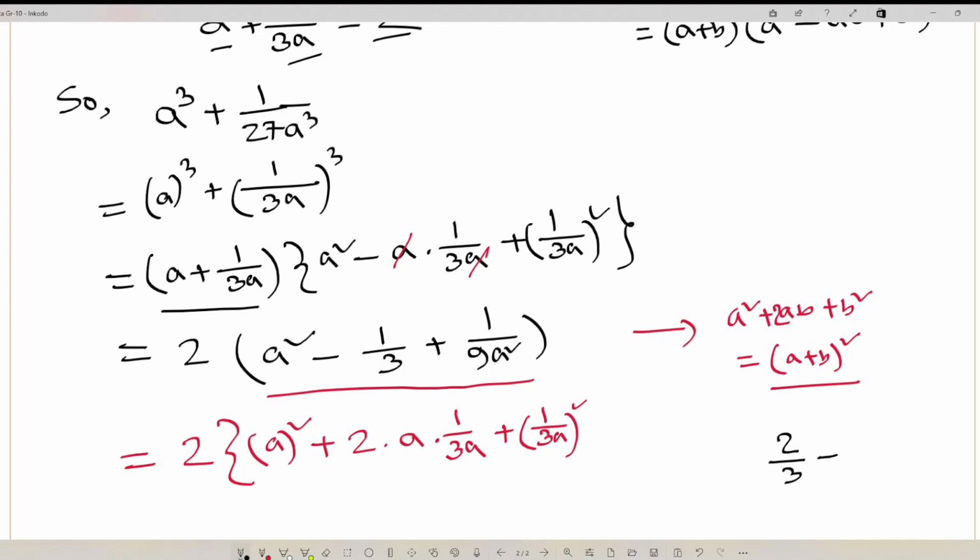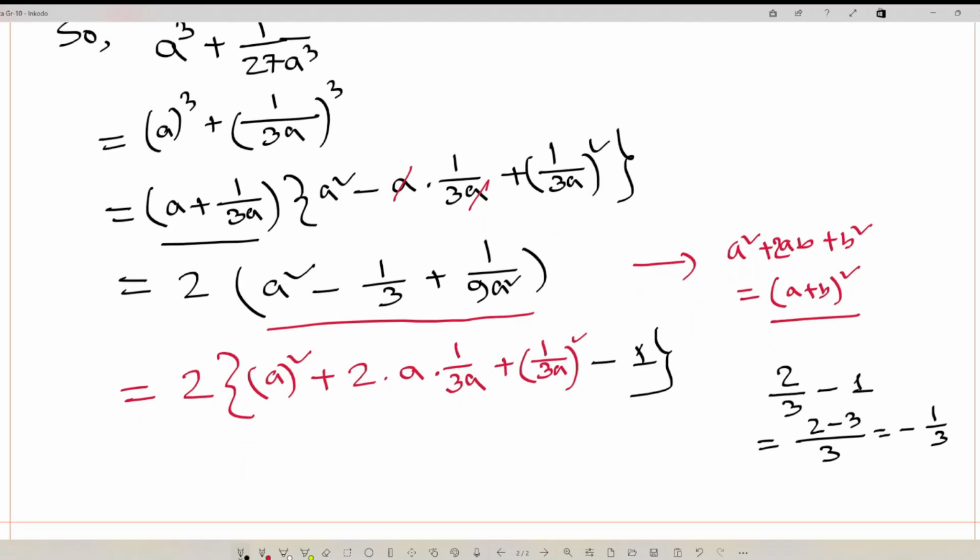So look, 2 divided by 3, we need 1 by 3 and also a minus sign. So if we write 2 minus 3, it's looking like minus 1 by 3. So for this expression we can subtract 1, right? Now this one is 2 and here is a plus 1 by 3a whole square minus 1.